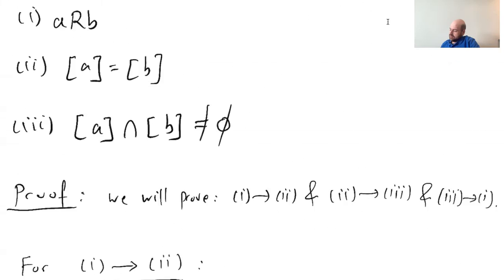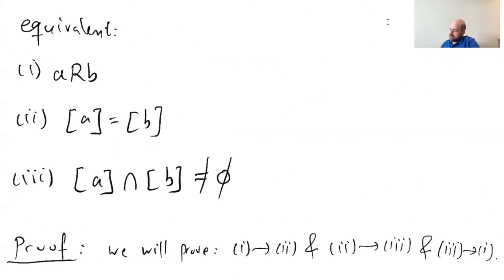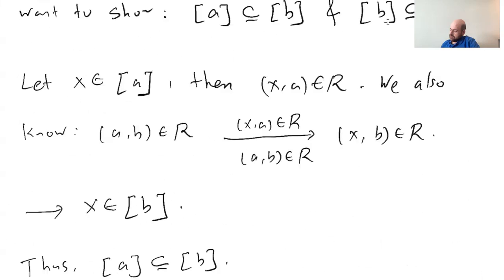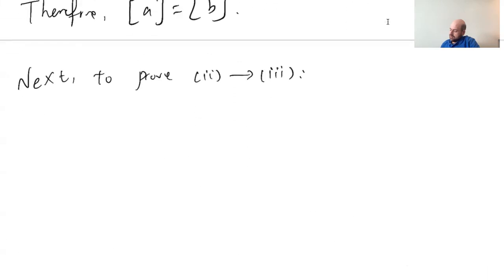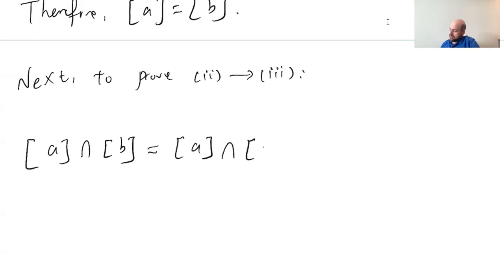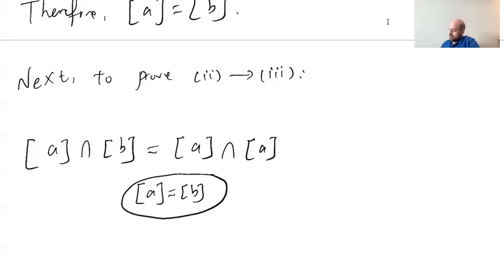So what will be the intersection of these two equivalence classes of A and B? What is the intersection going to be? So equivalence class of A intersection equivalence class of B will be equal to equivalence class of A intersection equivalence class of A itself. Right?